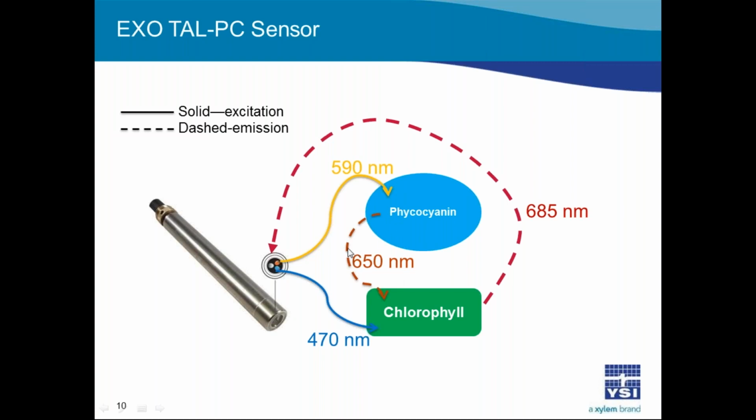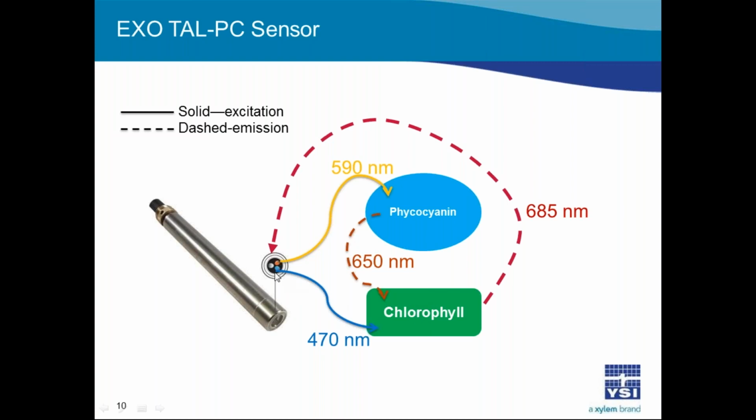It just so happens that that light emitted by phycocyanin can be absorbed in the cell by chlorophyll. In fact, that's one of the ways that photosynthesis works, by what we call fluorescent resonance energy transfer between these pigments. So that's very convenient because we get a nice little boost of chlorophyll absorbing that energy that comes off of phycocyanin.